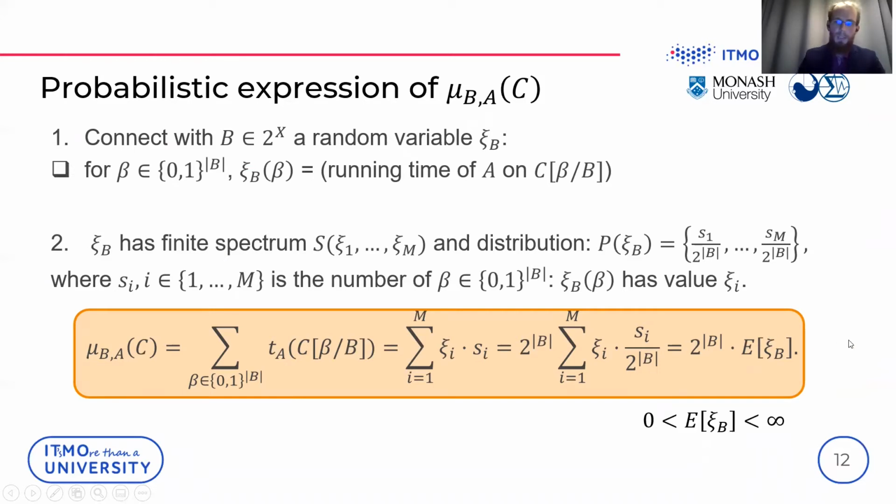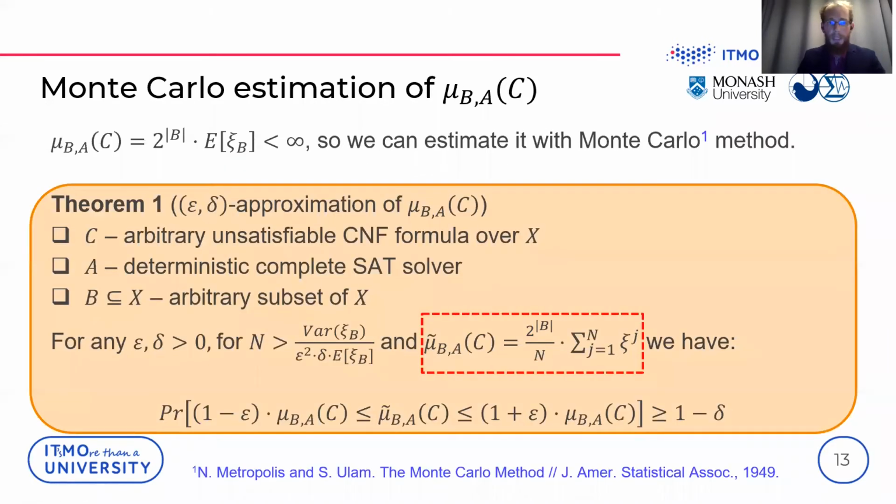Since we use a deterministic and complete SAT solver, we can safely assume that the expectation value of this variable is finite. Because of that, we can estimate the value of this hardness measure using the Monte Carlo method.